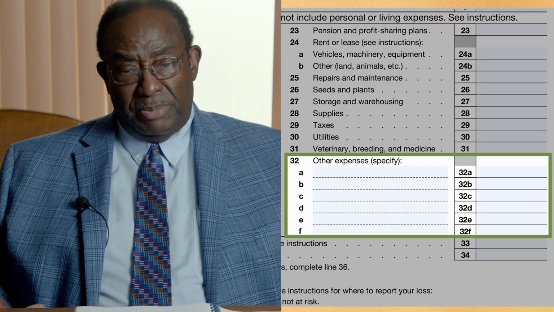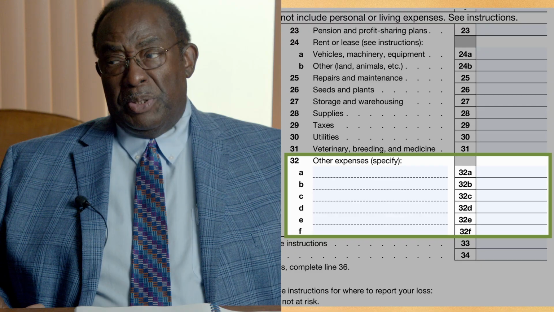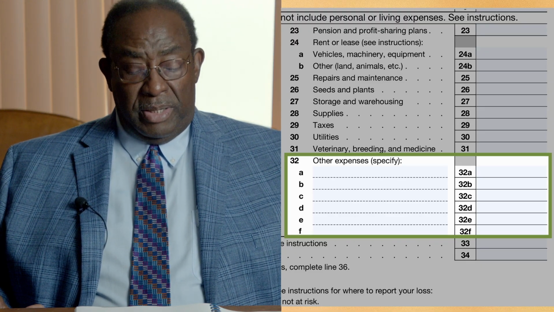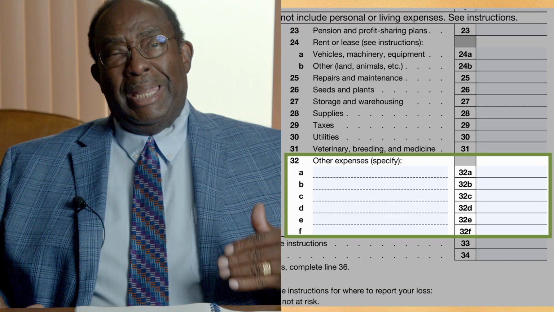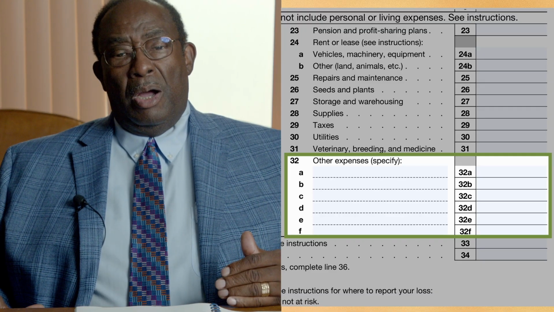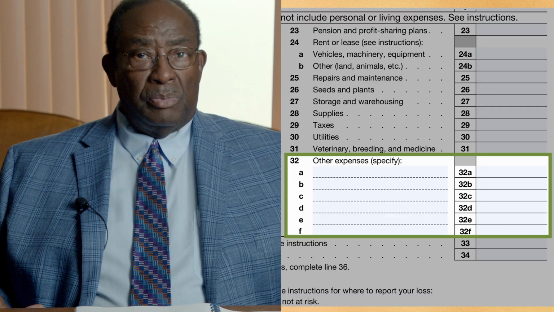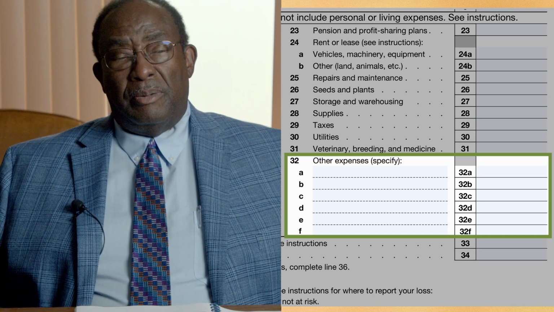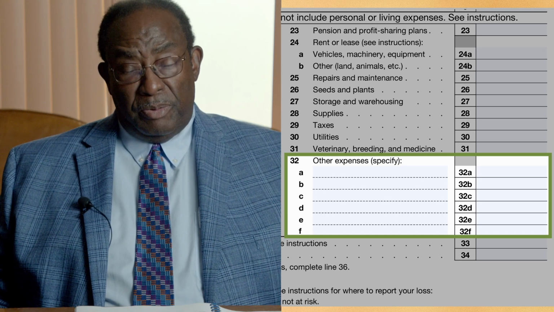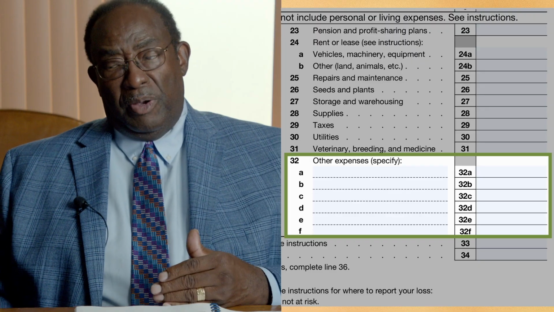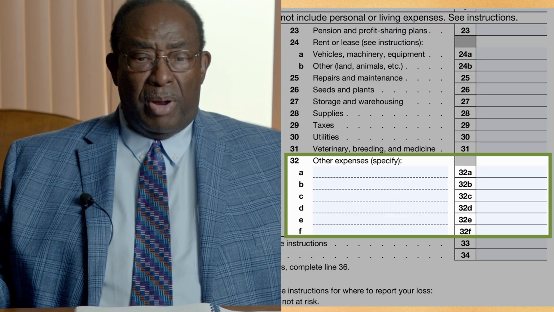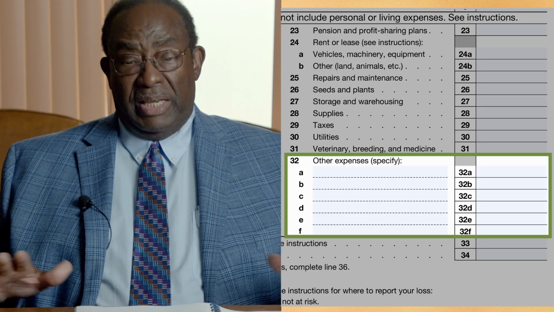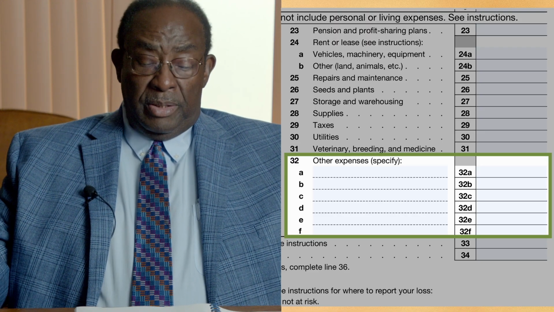Sometimes you might have some that's not listed but helps you produce income, produce your products. Now, these are expenses related to the production of your farm products. Okay? Expenses related to the production of your farm products, expenses related to the sale of your farm products, all go on line 32, if they're not listed anywhere else on the Schedule F.